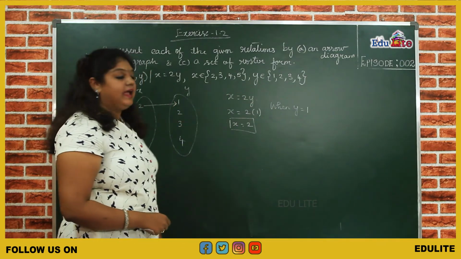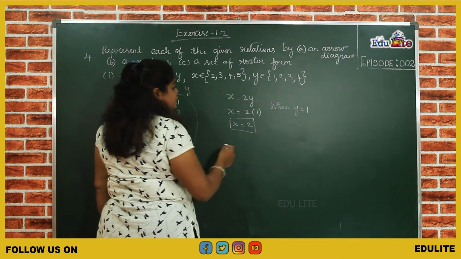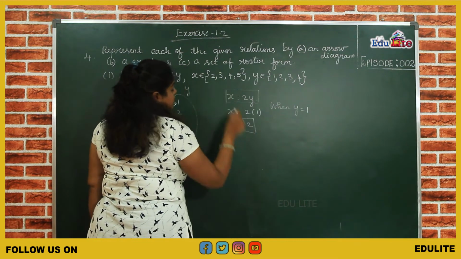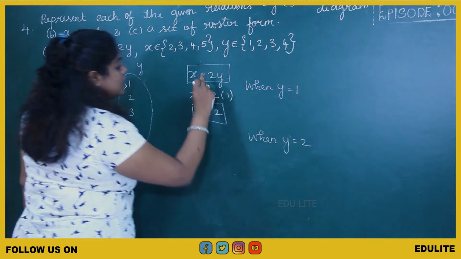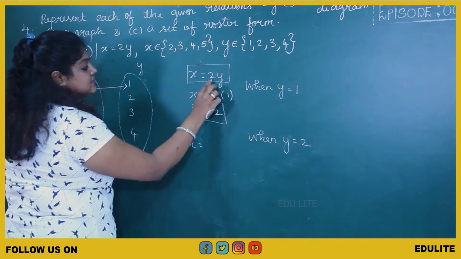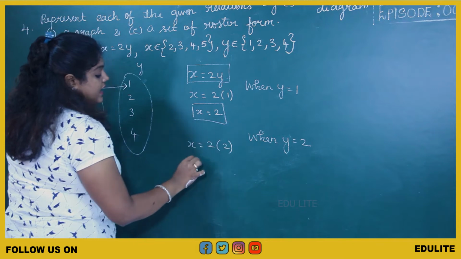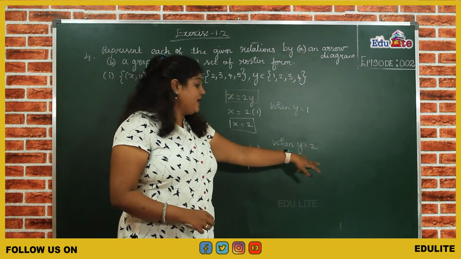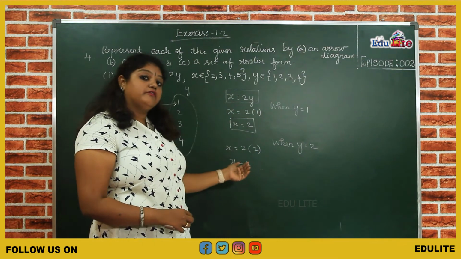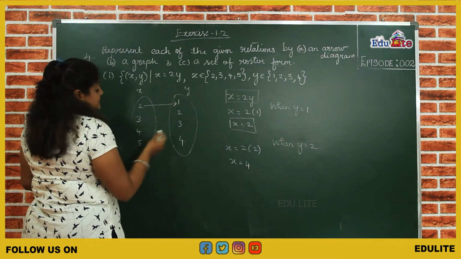Next we will take the value of y as 2 in the same notation. When y is equal to 2, if I substitute here, I will get 2 into 2, x is equal to 4. So when I took the value of y as 2, I got the value of x as 4.